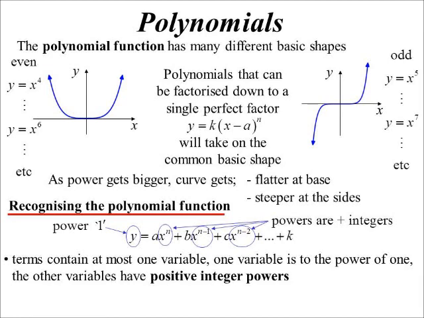As long as they're all positive integers, then we know we've got some type of polynomial. We've got names for quadratic and cubic and quartic, but after a while it gets a bit hard, so we just tend to say it's of degree whatever the highest power is. So a quadratic would be a polynomial of degree 2, a cubic a polynomial of degree 3, and so on.